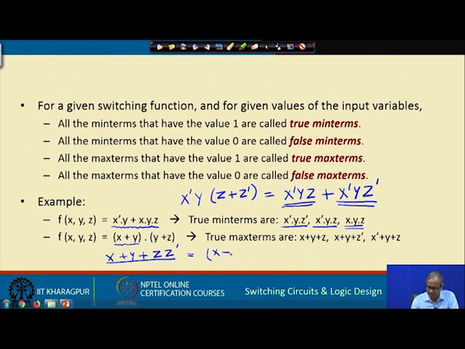This will be equivalent to x plus y plus z and x plus y plus z bar. Similarly, you can do it for the second term. So, in this case the true max terms will be x plus y plus z, x plus y plus z bar, and the third one will be coming from y plus z, x bar plus y plus z. This x plus y plus z will be common to both. This is how you can calculate which min terms or max terms are true, the remaining ones will be false.